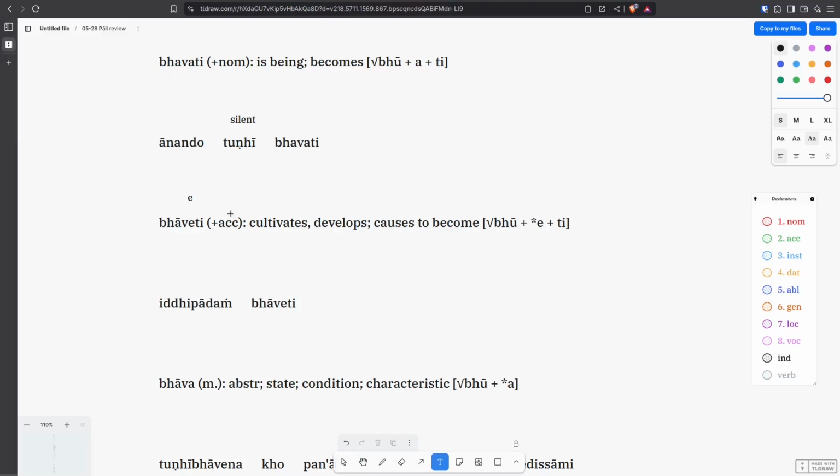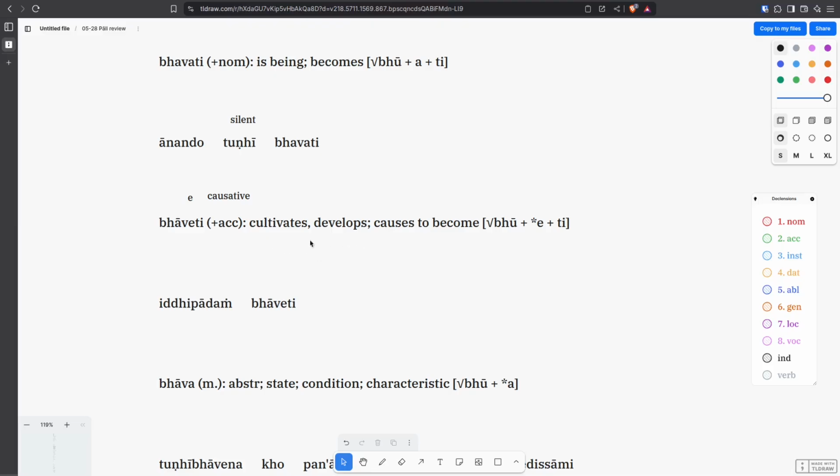This is the sign of the causative. Makes somebody do something or make something. So it causes something. Here it's not just becomes, but causes to become.